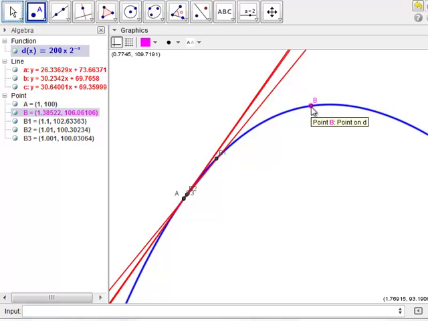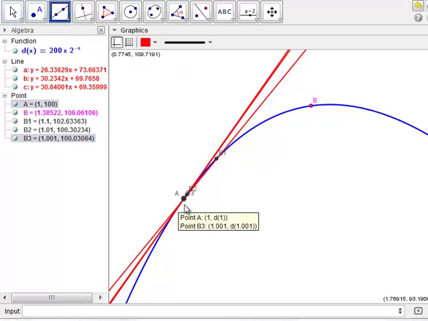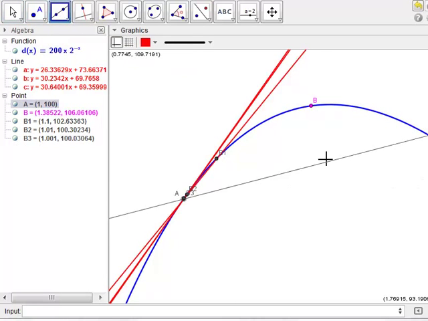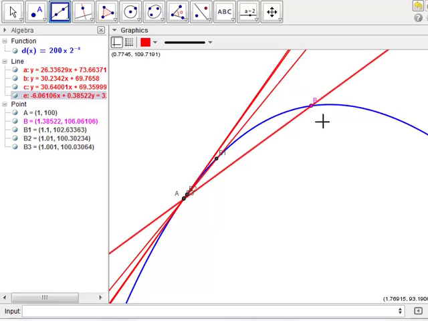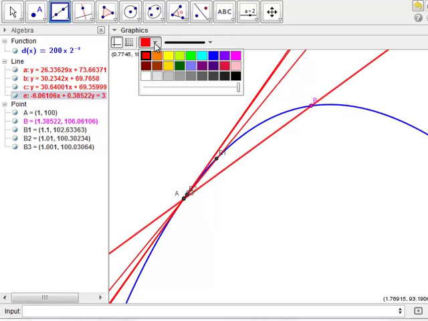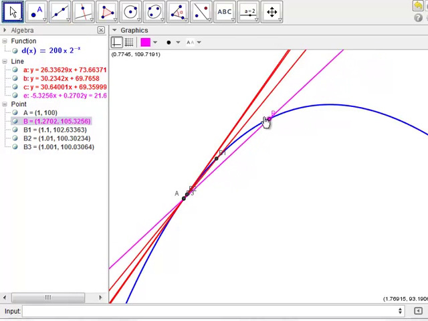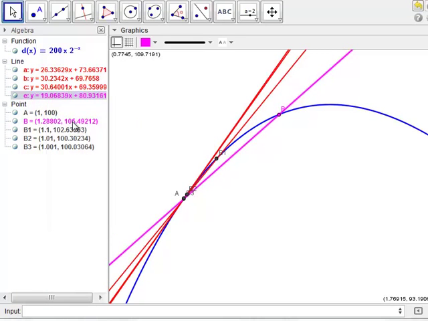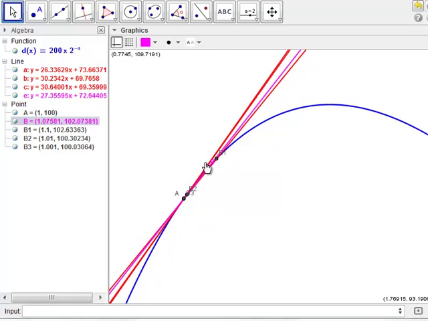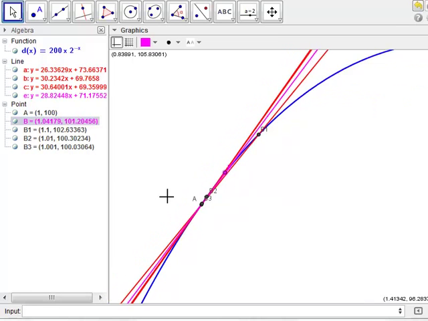All right, and let's take a line connecting point A to B, and let's make that again the same color. Now as I slide this point, let's look at what's happening. Let's notice that E is the line, put it in slope-intercept form, and let's bring this down close, and let's zoom in.